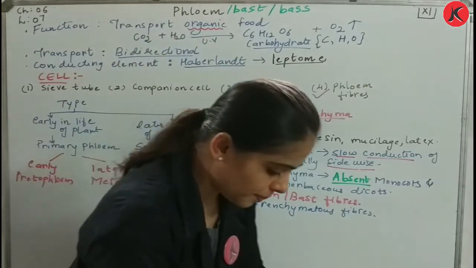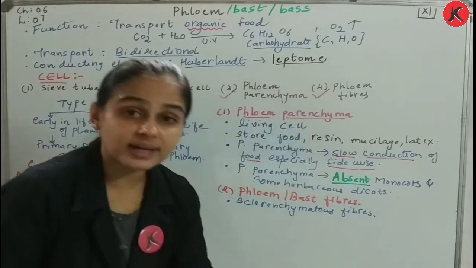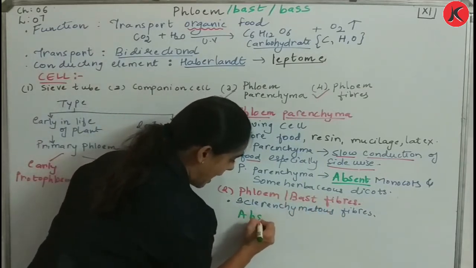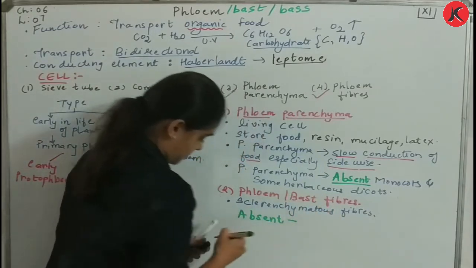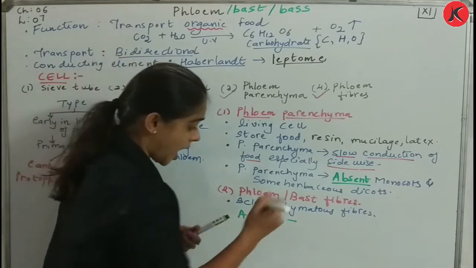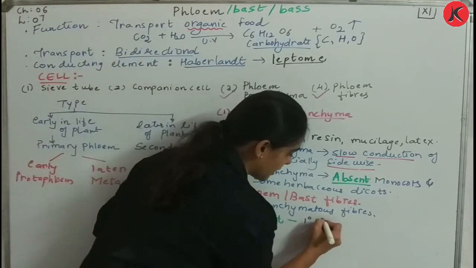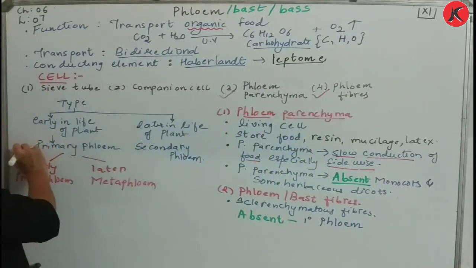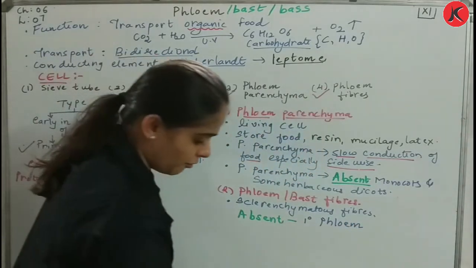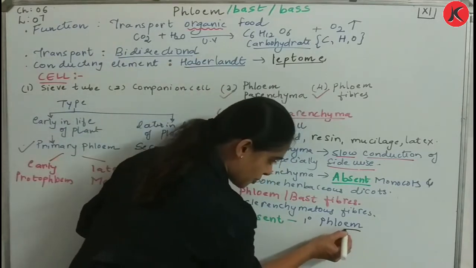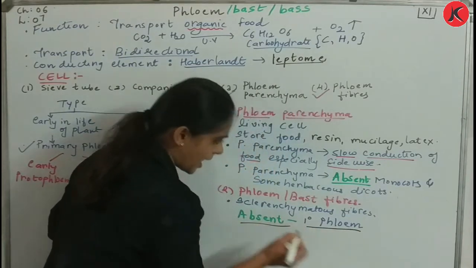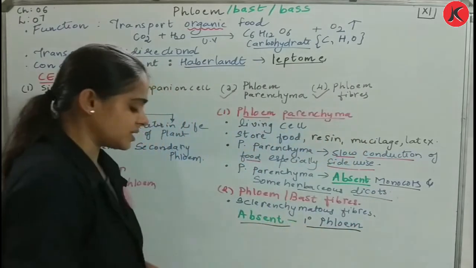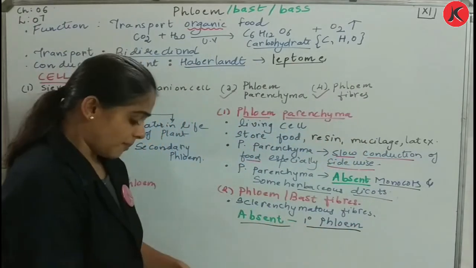One point you people have to memorize is that these bast fibers are absent in, ये बहुत इंपॉर्टेंट है, are absent in primary phloem. Am I clear? So this point is important one, absent in monocots and herbaceous dicots. ठीक है? तो चलो यहाँ पे वापस से आ जाओ.